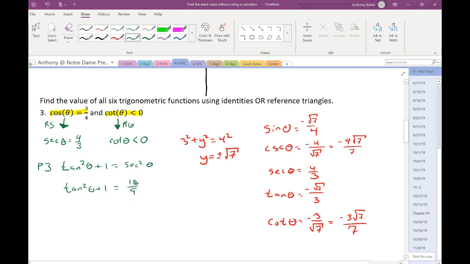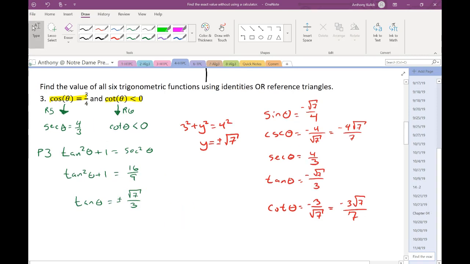And when I subtract 1 from both sides and square root both sides, I get tan theta is plus or minus square root 7 over 3. And because I know that tangent is negative, I have this. So let's pause for a second.